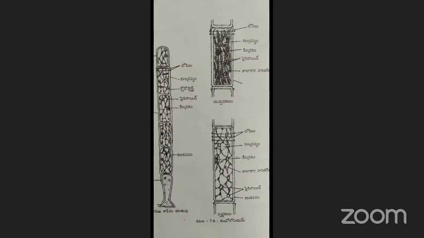Asexual reproduction is by stephanokont zoospores, meaning zoospores with numerous flagella in a ring at the apical region. Sexual reproduction is oogamous.